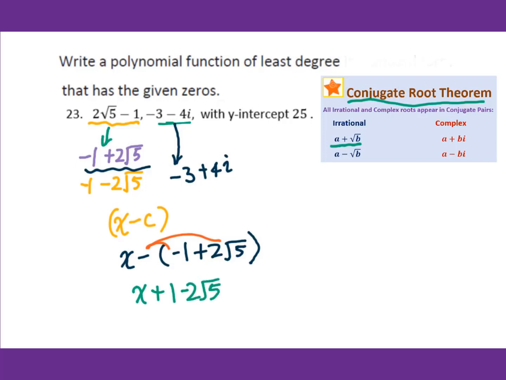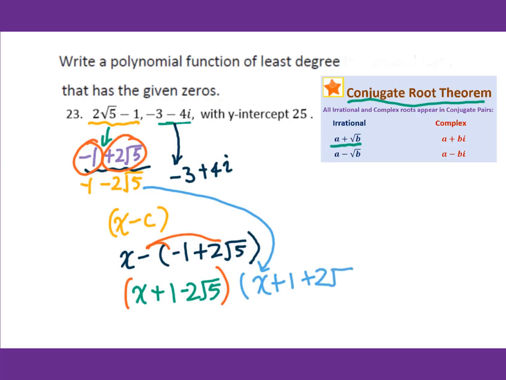Just check the pattern. Basically, we need the opposite of negative 1 and also the opposite of positive 2 square root of 5. That's how we get the factor form. Using the same pattern, I can get the factor form for this one. That will be x plus 1 plus 2 square root of 5.